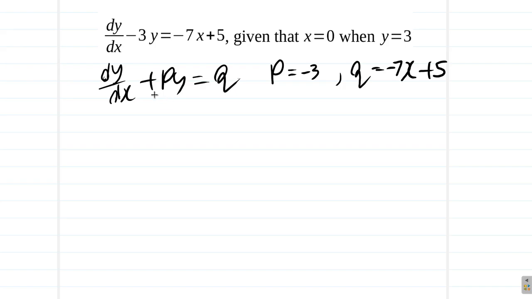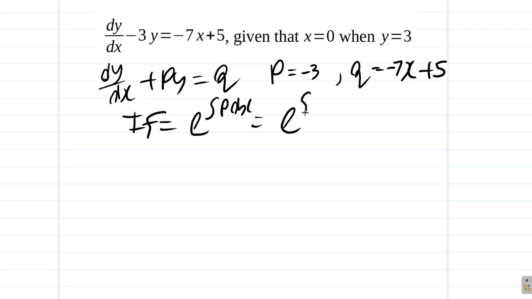Alright, now the integrating factor is equal to e to the integral of p dx, which is, in this case, e to the integral of negative 3 dx, which is e to the negative 3x. Alright, so we found the integrating factor.